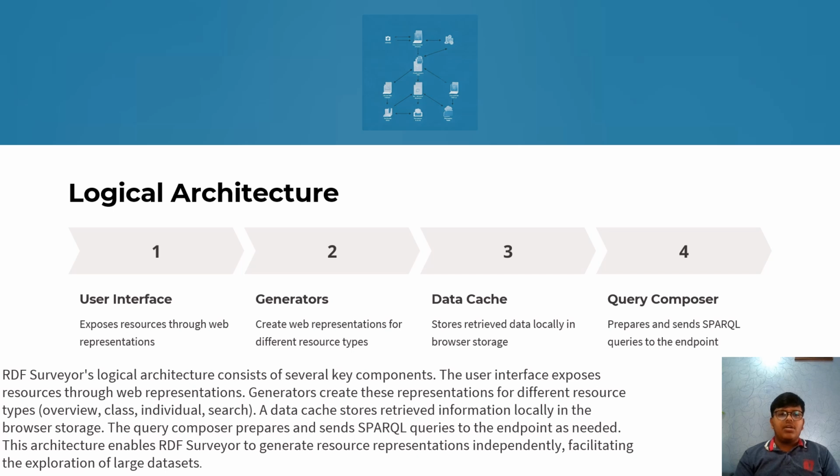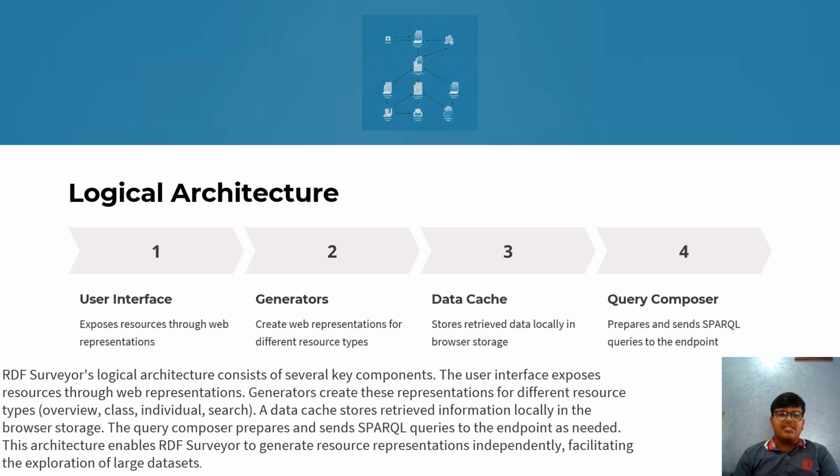Logical architecture. First, the user interface exposes resources through a web representation. Second, generators create a web representation for different resource types. Third, the data cache stores retrieved data locally in browser storage. Fourth, the query composer prepares and sends SPARQL queries to the endpoint. The RDF Surveyor logical architecture consists of several key components.